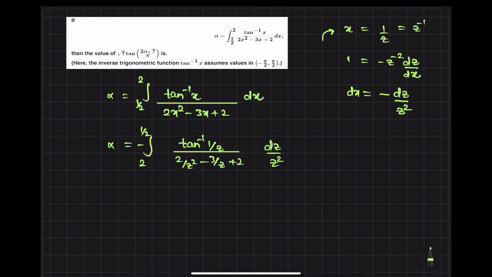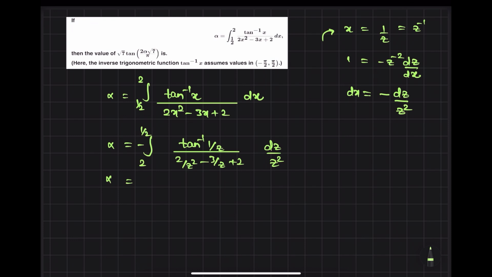Now look at this lower limit. Lower limit is 2 and the upper limit is half. Means the upper limit is smaller than the lower limit, and we are not comfortable with these kind of situations. So I want to interchange the limits. If you wish to interchange the limits, you can do so, but you have to introduce an extra minus, and then things are okay.